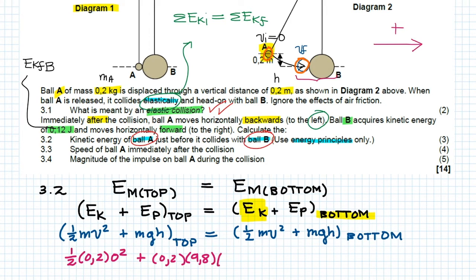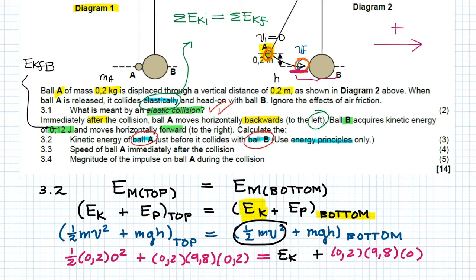h is 0.2 meters. This is going to be equal to, instead of using this form, I'm going to stick with EK because we're looking for the complete kinetic energy of ball A. Plus, at the bottom, the mass is still going to be 0.2. g is still a constant 9.8, but once the ball swings down to this position, its height is going to be 0.